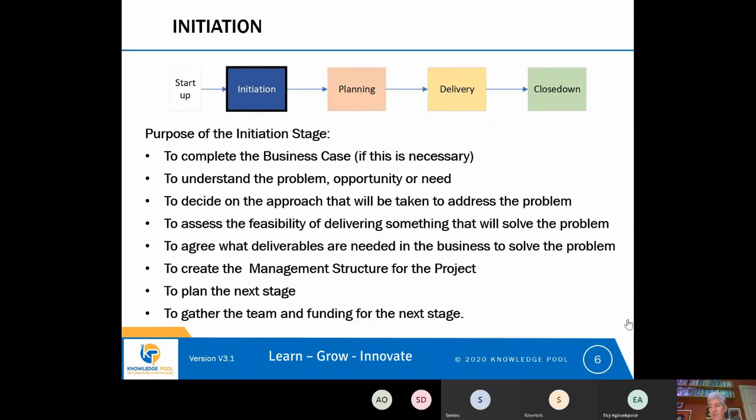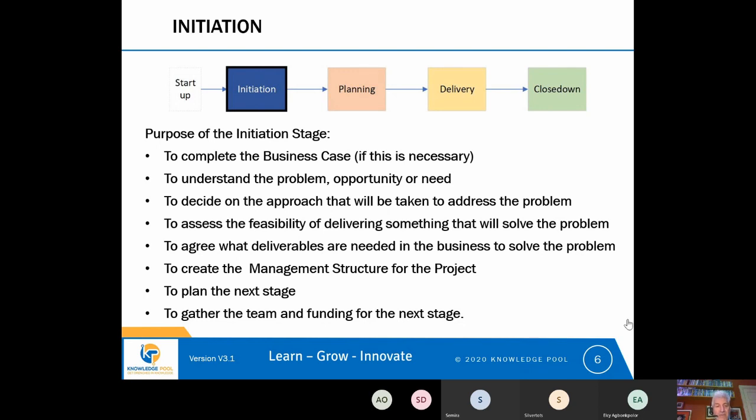Well, I think the answer is that the approach may be valid and it may work in many organizations, but our organization is not the same as any other organization. So we have to assess whether an approach that may have worked elsewhere can actually work in our organisation. Can we afford it? Do we have the skills to solve the problem in that way?